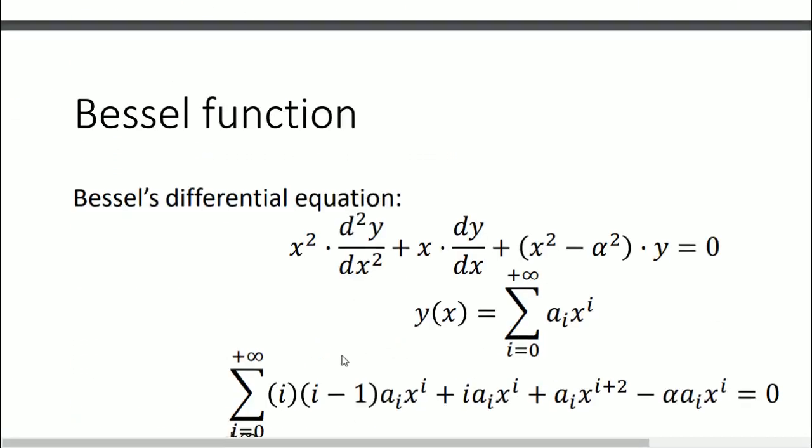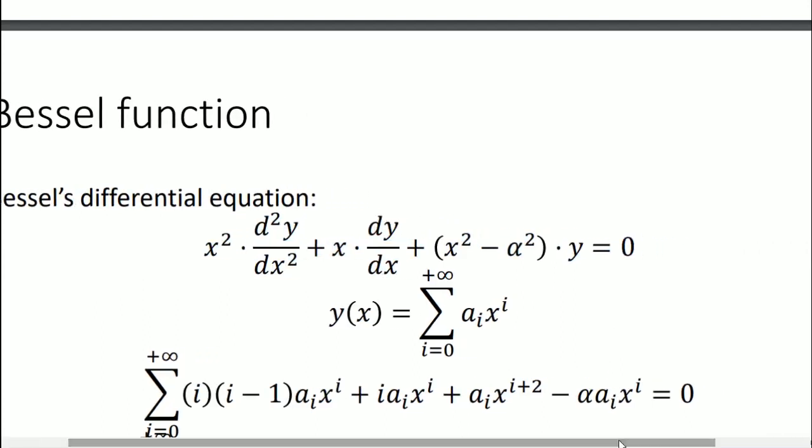Now we will talk about Bessel's differential equation, which is this one. So we have this function that is kind of tricky, and we don't know exactly how to express it. We don't have any easy function to solve this, and Bessel proposed to solve it using power series.